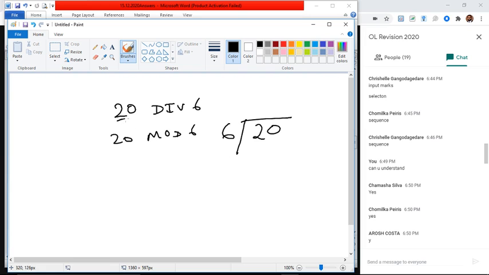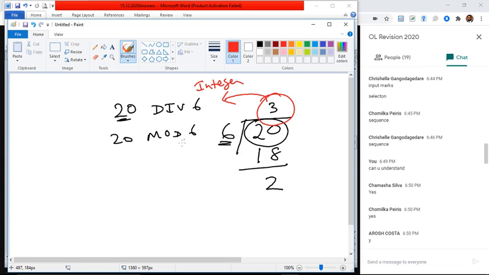So when we divide, 6 threes are 18, and the remainder will be 2. So here the 3 is the integer part of this, and this 2 is the remainder.